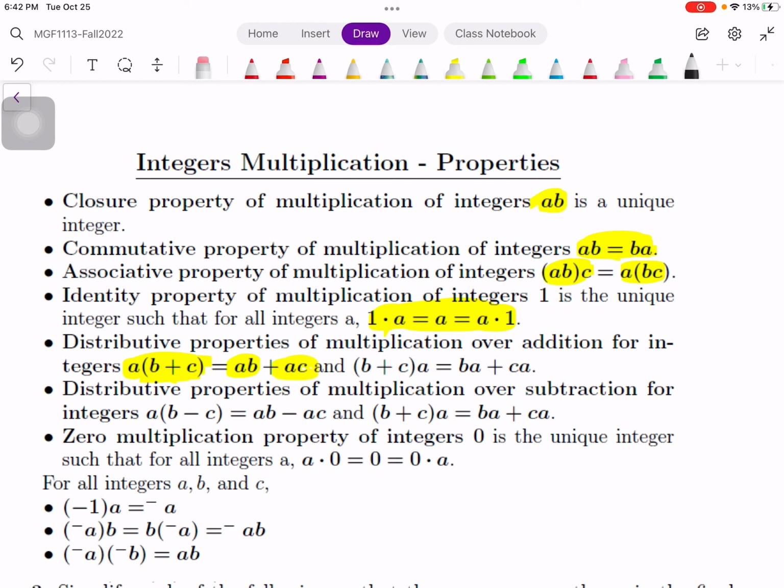And notice ab means a times b, ac means a times c. If you don't see an operation explicitly written, then it just means multiplication. And on either side, if a is on the right side, that also means that this a will be distributed. So b times a plus c times a.